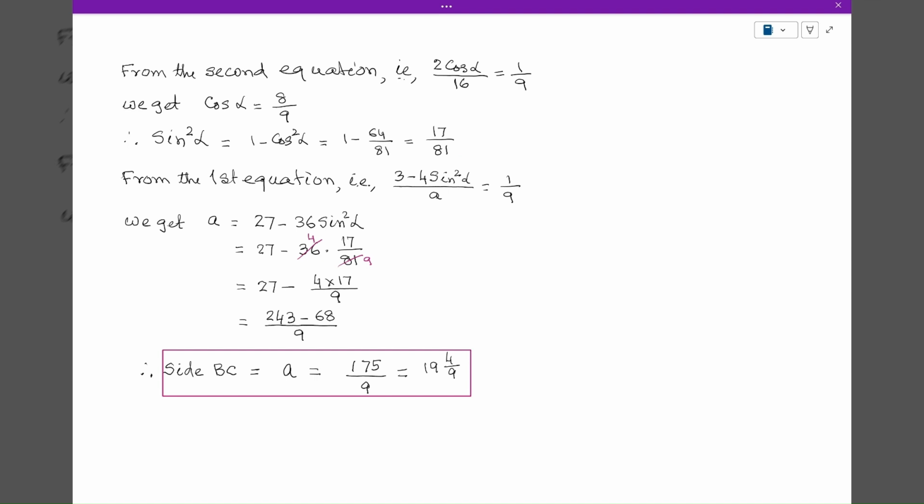From the first equation, that is 3 minus 4 sin square alpha divided by A is equal to 1 by 9, we get by cross multiplication A is equal to 27 minus 36 sin square alpha.